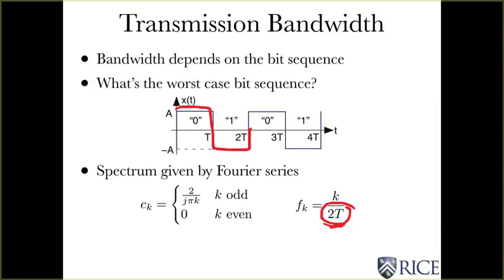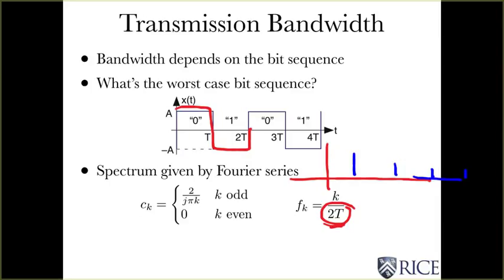Now, one consequence of this is that we know the spectrum is basically infinitely long. If we have something at the first harmonic, the third, the fifth, the seventh, etc., the bandwidth is basically infinite.